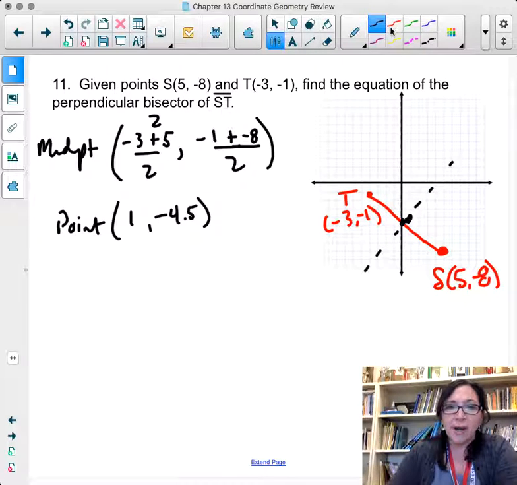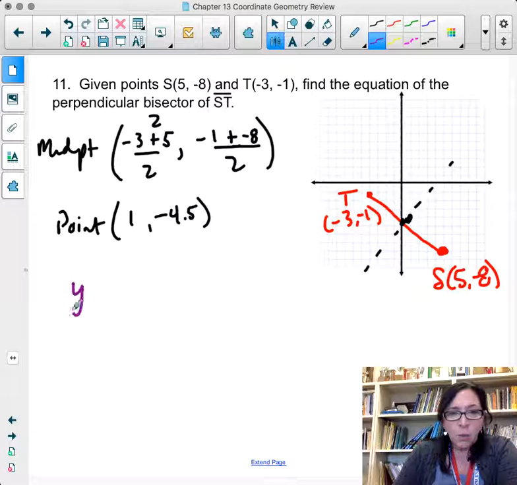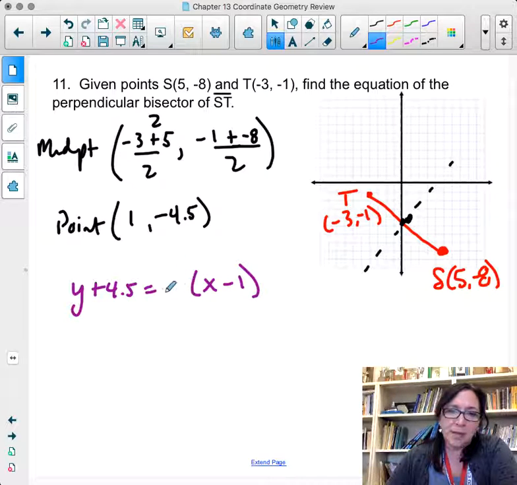So I'm going to start writing my equation. Y minus this, so it's going to be y plus 4.5 equals my slope times x minus 1. Okay? And so what I need to do here is figure out what this value is.